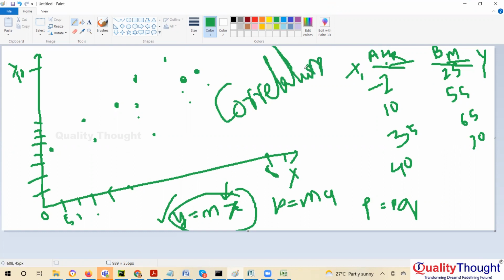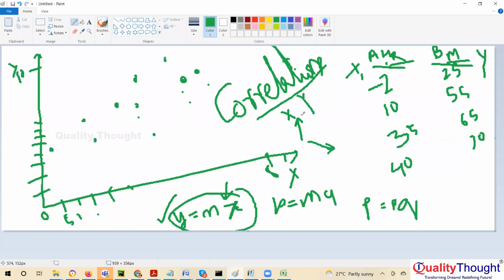Correlation, as the name suggests, relation, correlation, that means two. It shows the relationship between two variables, your x and y. What happens to y when x increases? What happens to y when x decreases?